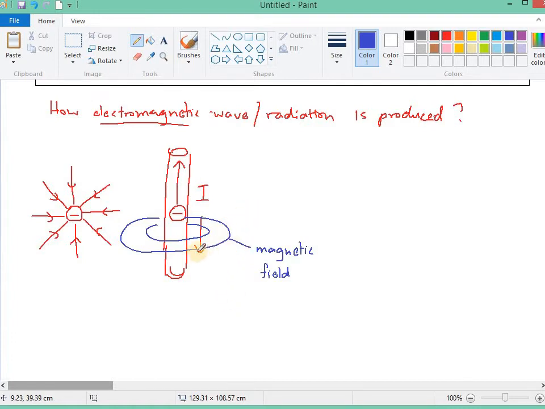And what is the direction of this magnetic field? You can find out the direction of the magnetic field by using right-hand grip rule.